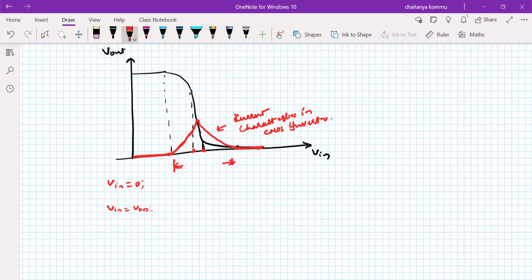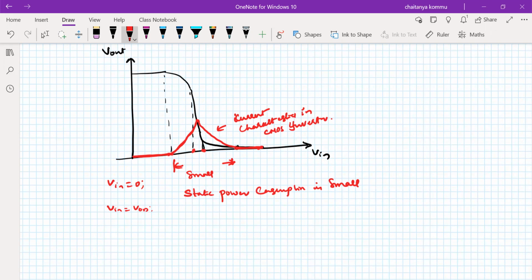Static power consumption is very small when compared to the other things, because this region is very small. That's the reason why the possibility of both transistors being on is very less. Therefore CMOS is very dominating when compared to the other technologies because of the very small range of region where both the transistors are on.